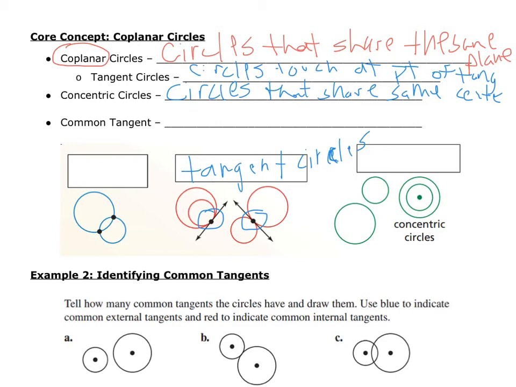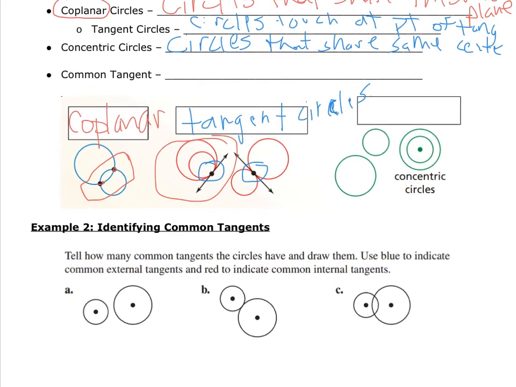And a common tangent would be this example right here, because both of those circles are sharing not only the same point but the same tangent line. And we did not fill in this last box, this first box right here that I don't have anything in. This is an example of coplanar. Because if these two circles are sharing these 2 points, then if I drew a plane right there, aren't they sharing the same plane? So there's your example of coplanar circles.